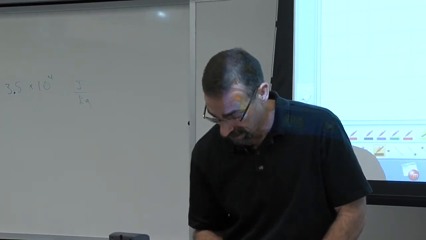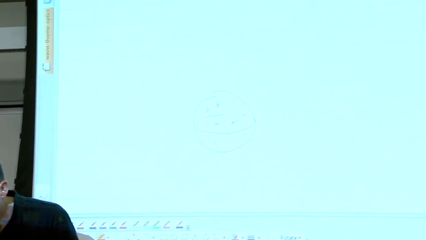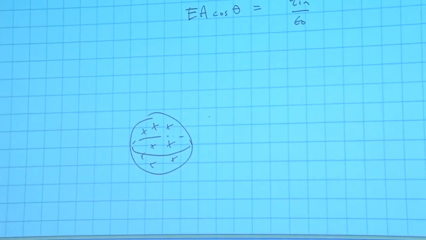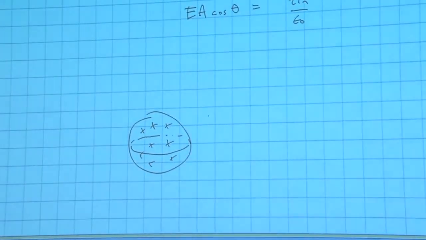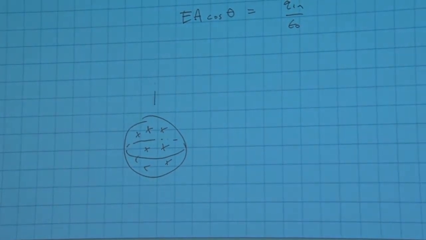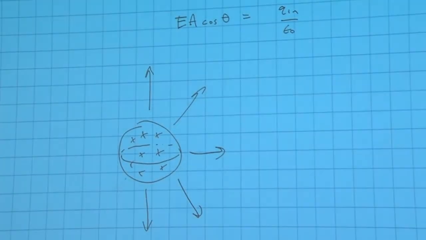We did one the other day, but you have some kind of spherical distribution of charge. And that spherical charge is filling the space around it with an electric field, right, in 3 dimensions.